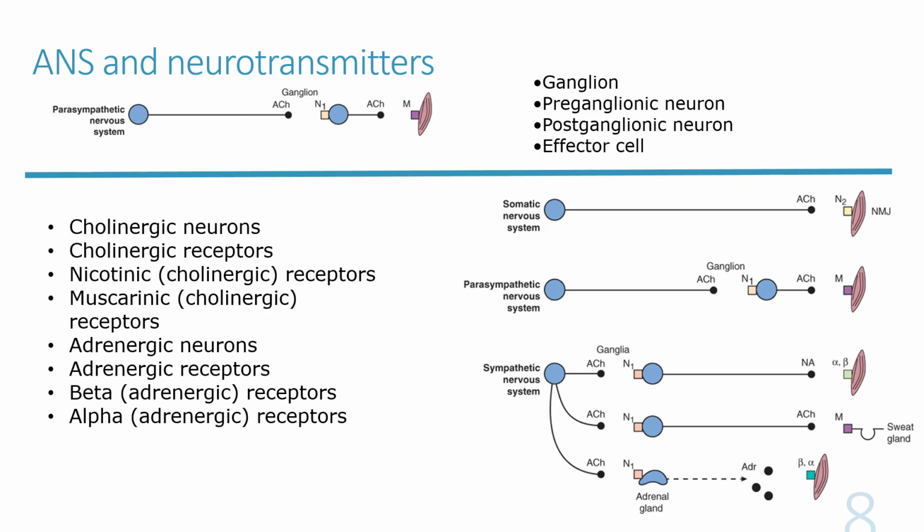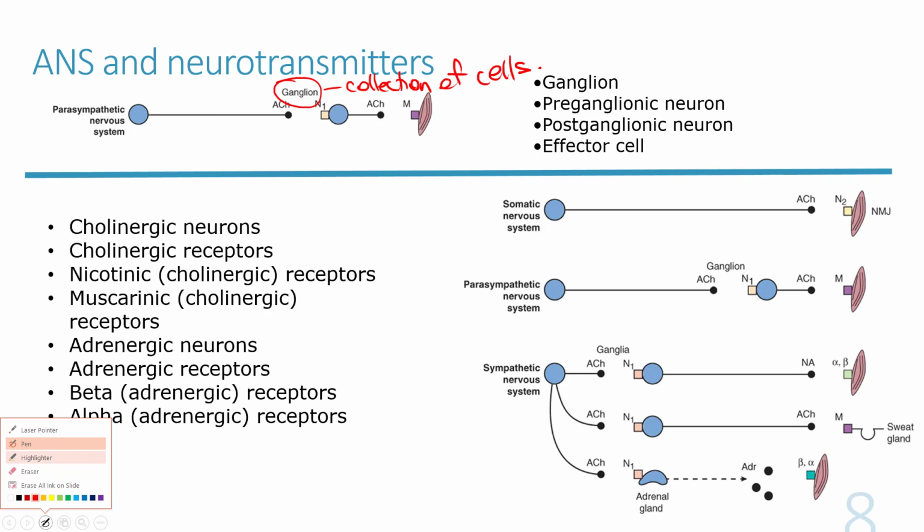All right, in terms of the autonomic nervous system and neurotransmitters, what we have over here is a ganglion. Remember, a ganglion is a collection of cell bodies in the peripheral nervous system outside of the CNS. A ganglion is this area over here.